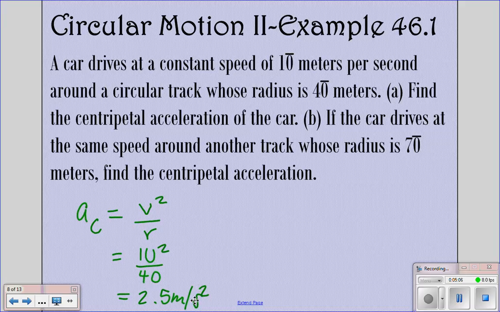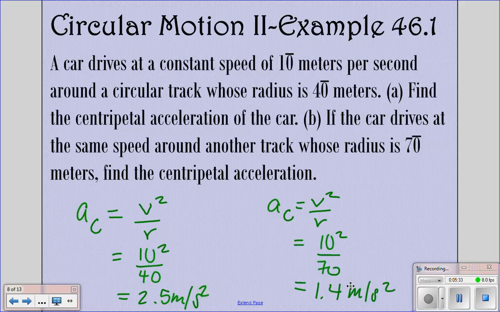That's the centripetal acceleration around the 40-meter track. For the other one, we still have v squared over r, but v stays the same and r changes to 70. So 100 divided by 70, with 2 sig figs, is 1.4 meters per second squared.